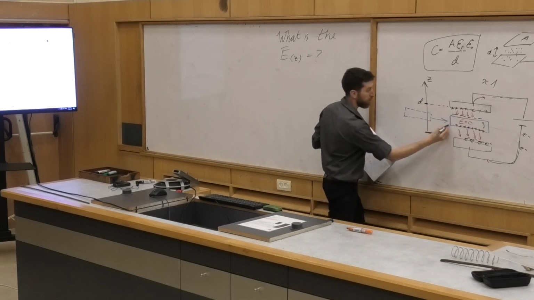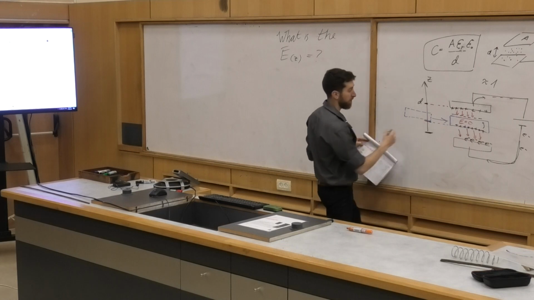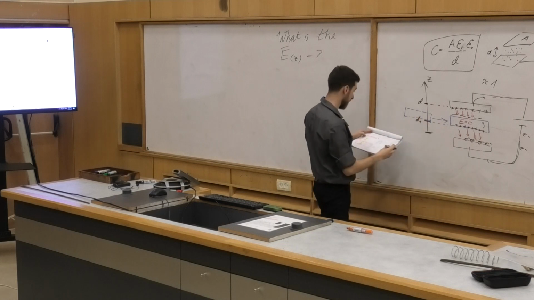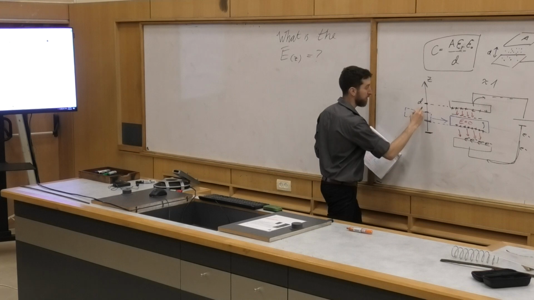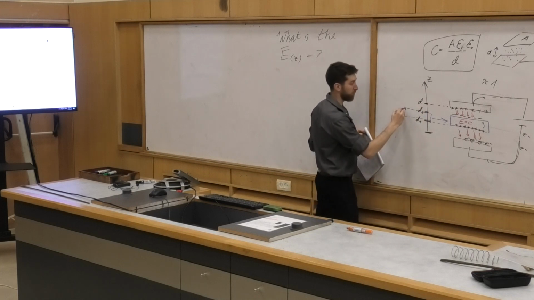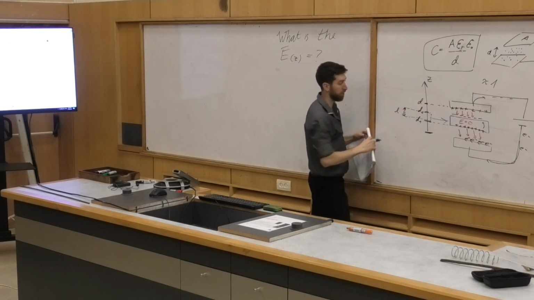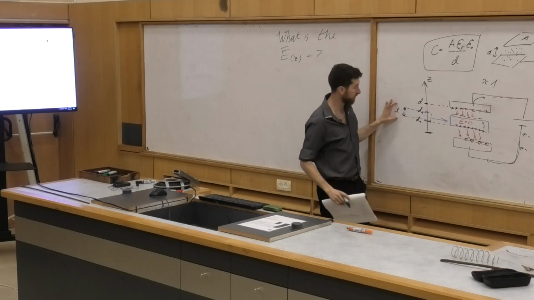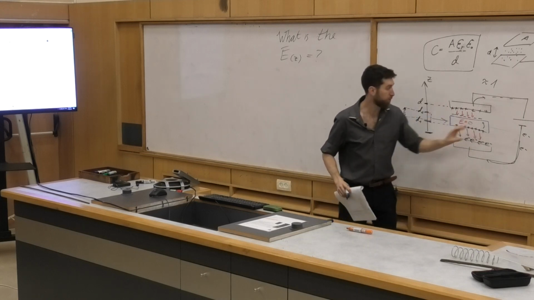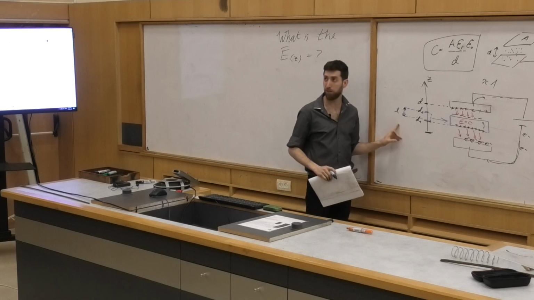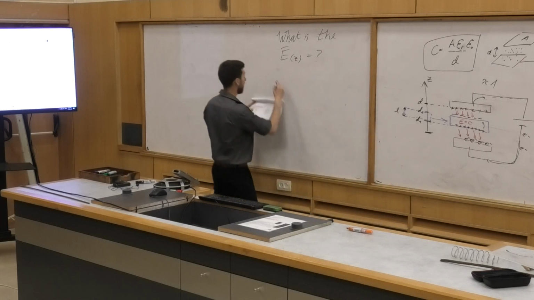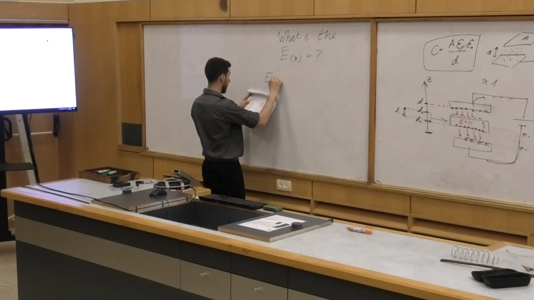This is our first height, so this is going to be d1. This is going to be d2, and for simplicity we can call this distance L. This is the thickness of the conductor that we put inside. Is it clear? And if you want to write it mathematically, E as a function of z is equal to what?